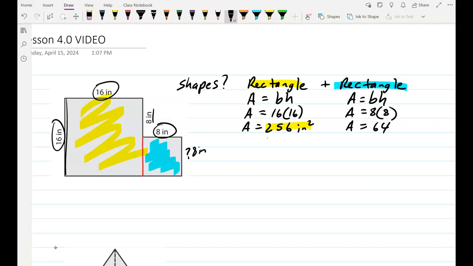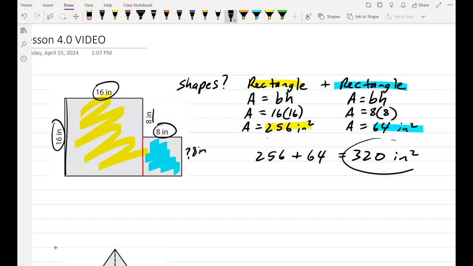So the area of the second rectangle is 64 square inches. All that's left to do now is add those two areas together. 256 plus 64 equals 320 square inches. And that's the area of this composite shape.